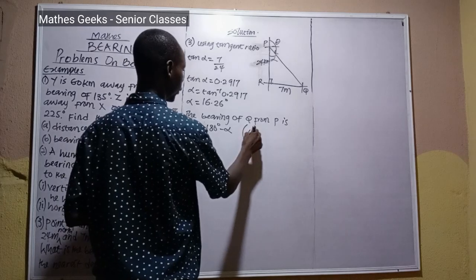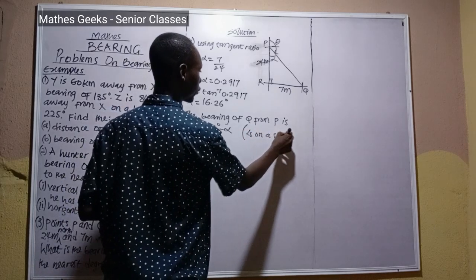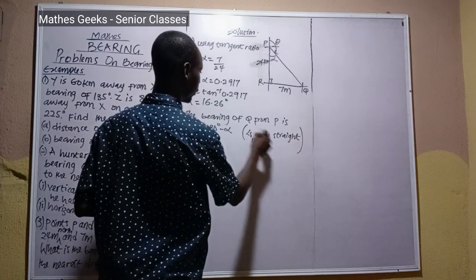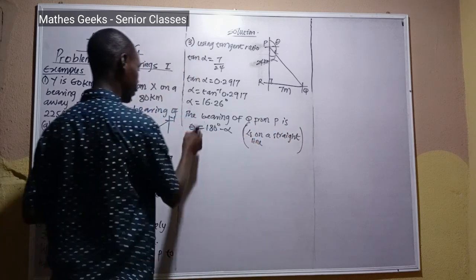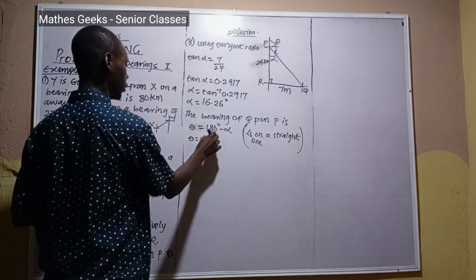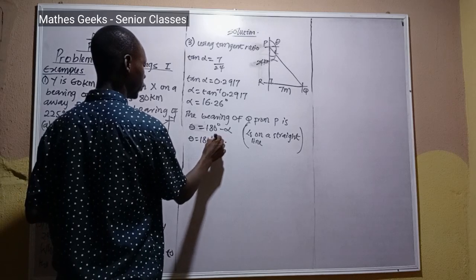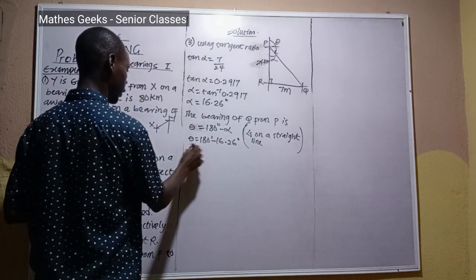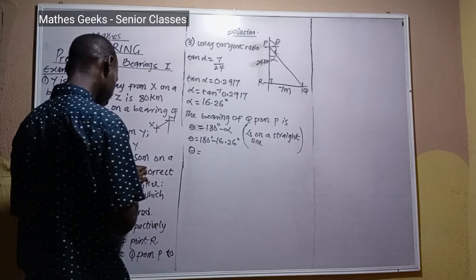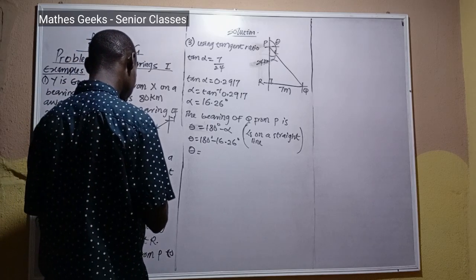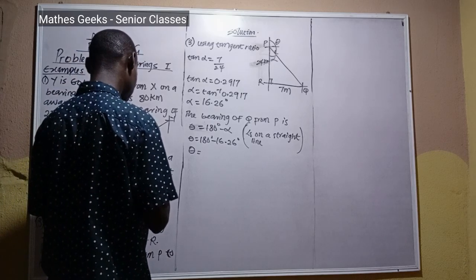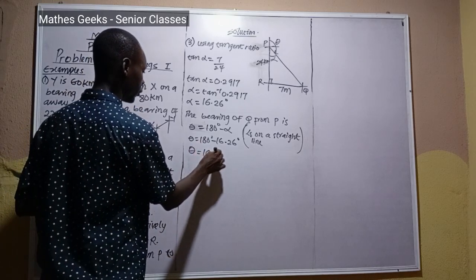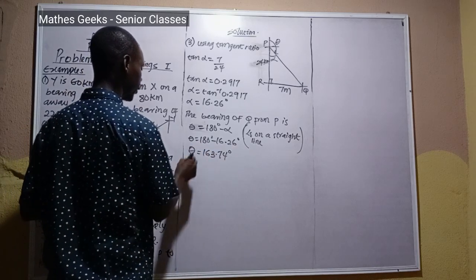Why? Angles on a straight line. That's the reason. So theta is equal to 180 minus 16.26, that is 163.74 degrees.